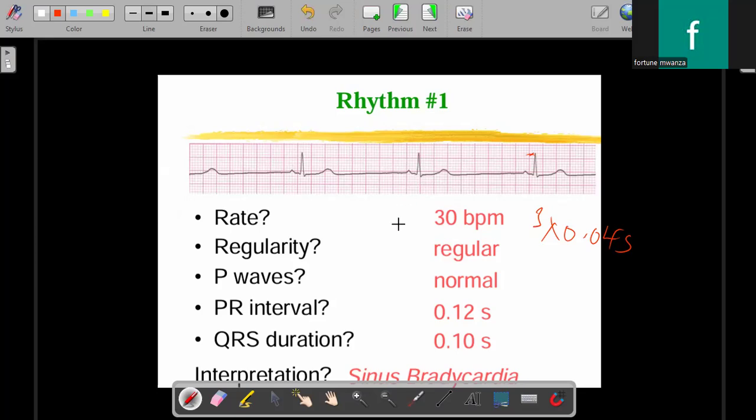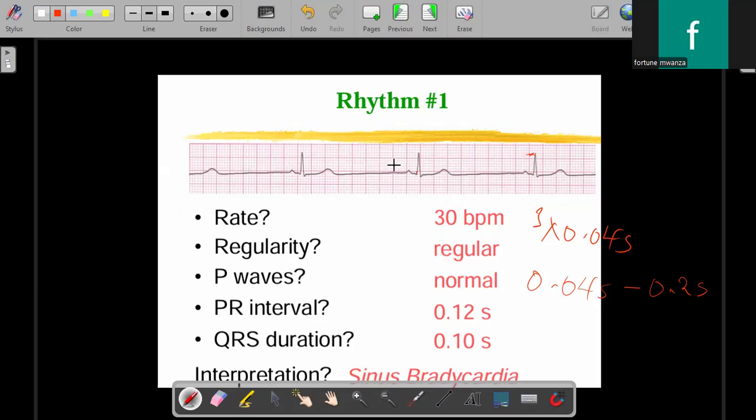There's only one box there, so it's within the normal range as well. The normal range is 0.04 seconds to 0.12 seconds.